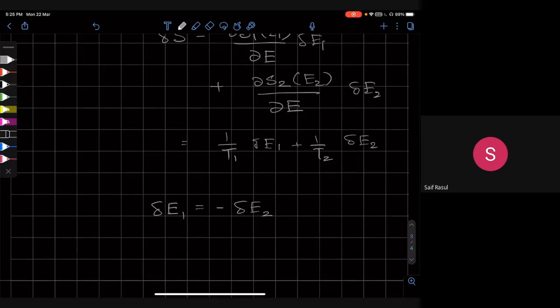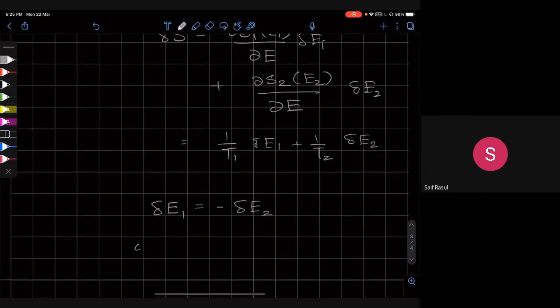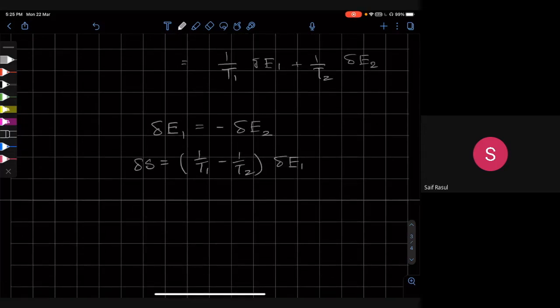So delta S becomes 1 over T1 minus 1 over T2, times delta E1. Previously, from the second law, we established that delta S should be greater than or equal to 0.